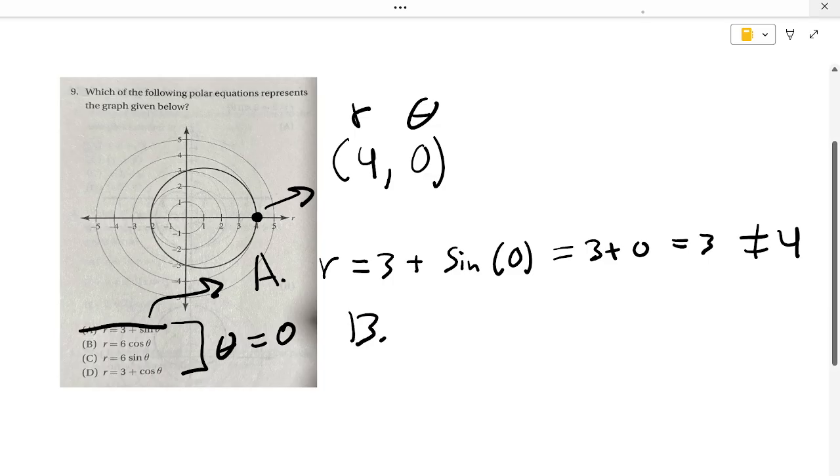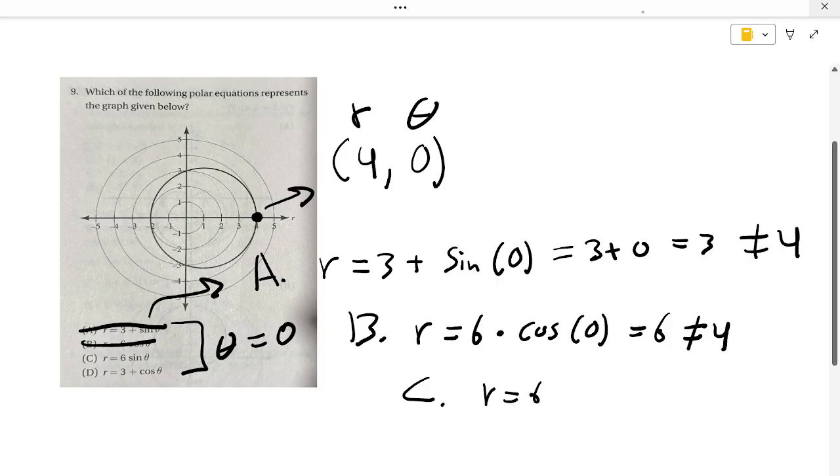B, we have r equals 6 times cosine of 0, and the cosine of 0 is 1, and so that is just 6. But that is not equal to 4 either, so we can eliminate B. C, we get r equals 6 times the sine of 0. That's just 0, because sine of 0 is equal to 0, right? And that also is not equal to 4.